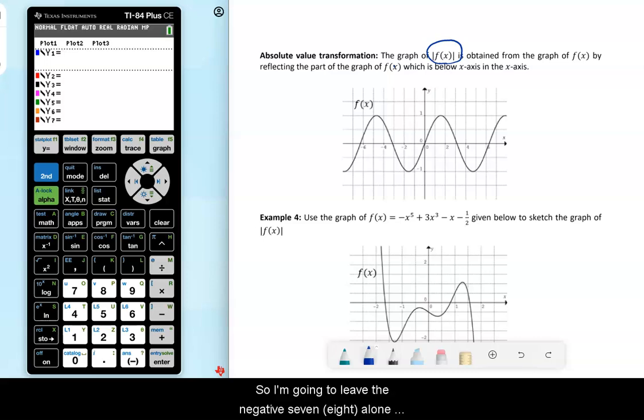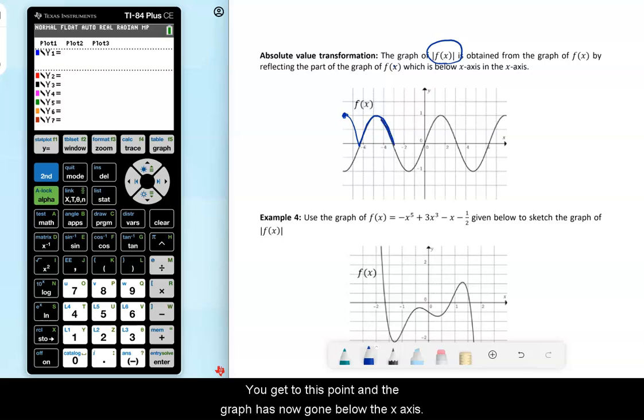So I'm going to leave the -7 alone, and the y value is going to flip up here above the x-axis. And just mimicking this function, it is going to fall down and hit the x-axis right there. The positive portion of the graph stays the same.